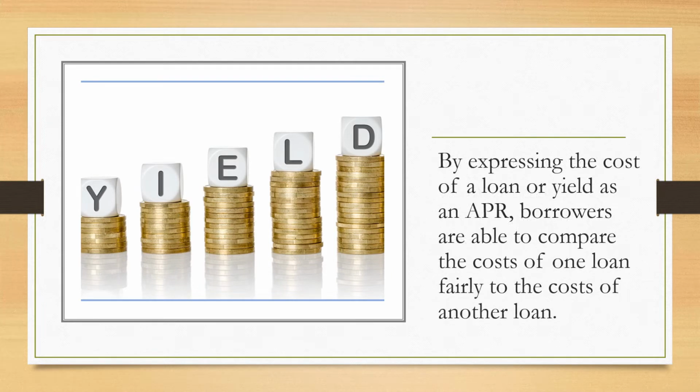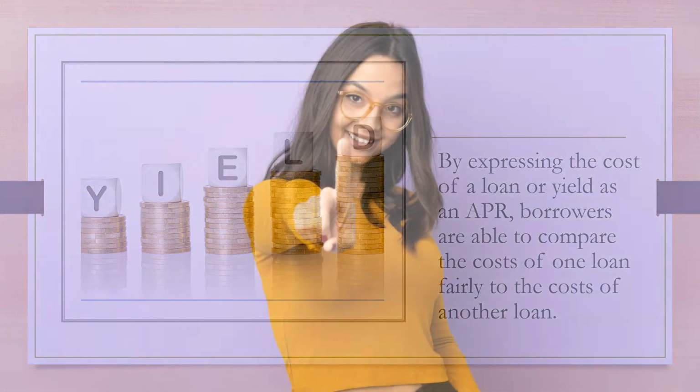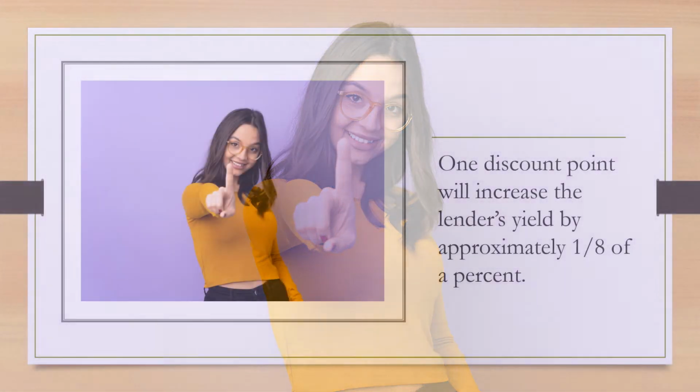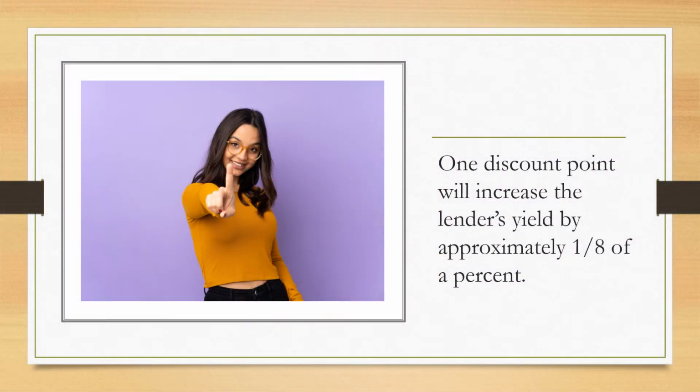By expressing the cost of a loan or yield as an APR, borrowers are able to compare the cost of one loan fairly to the cost of another. One discount point will increase the lender's yield by approximately 1/8%.